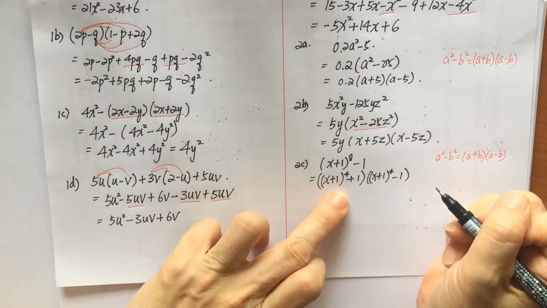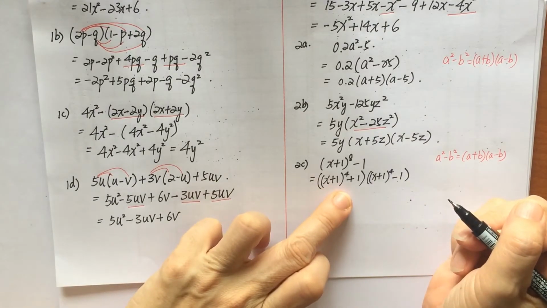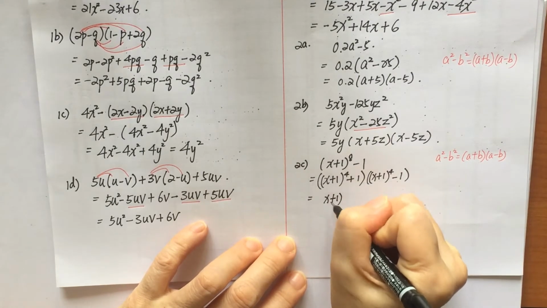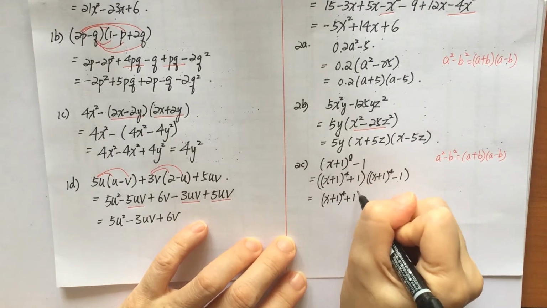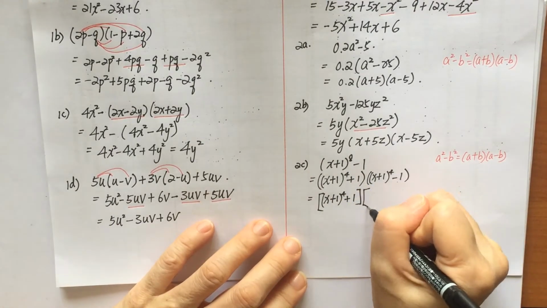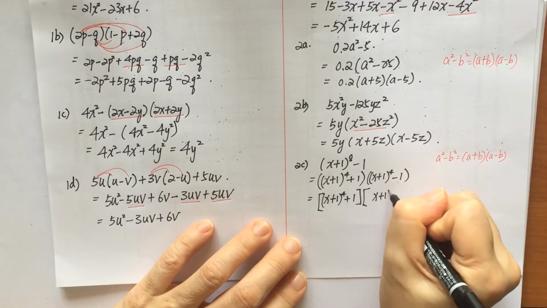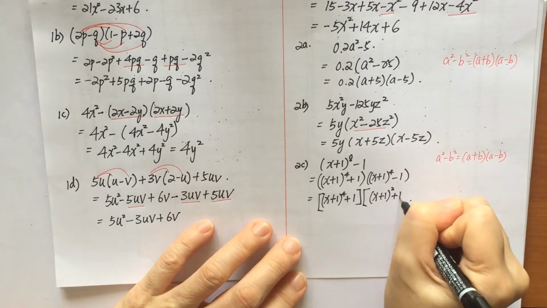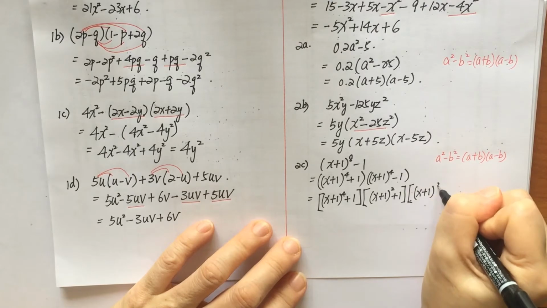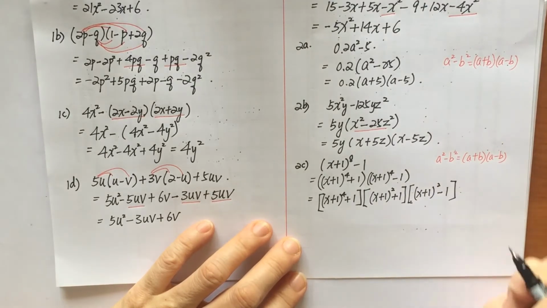This one cannot be factorized anymore, so I will keep it. So I have x plus 1 to the power 4 plus 1. This one remains unchanged. For this one, I can further factorize it to be x plus 1 squared plus 1, and then x plus 1 squared minus 1.